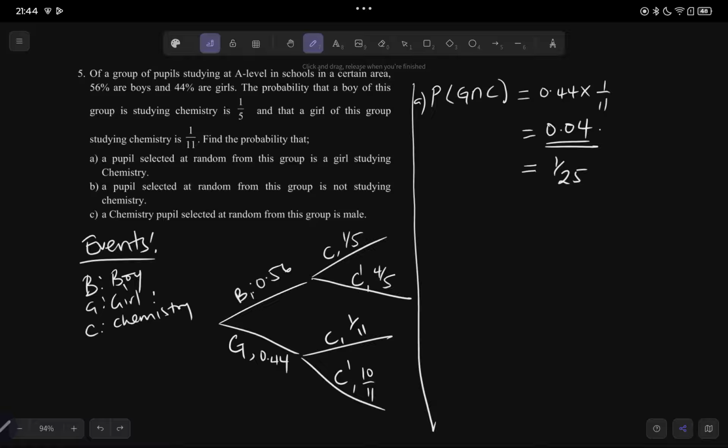Then we go to part B. A pupil picked at random from this group is not studying chemistry. So he's not studying chemistry. It might be a girl not studying chemistry or a boy not studying chemistry.